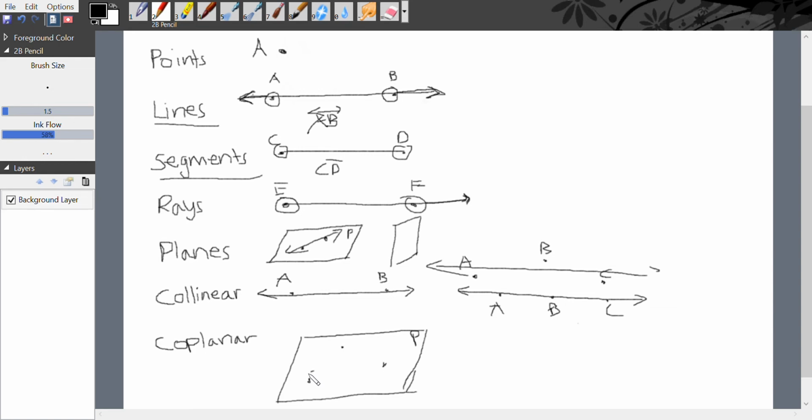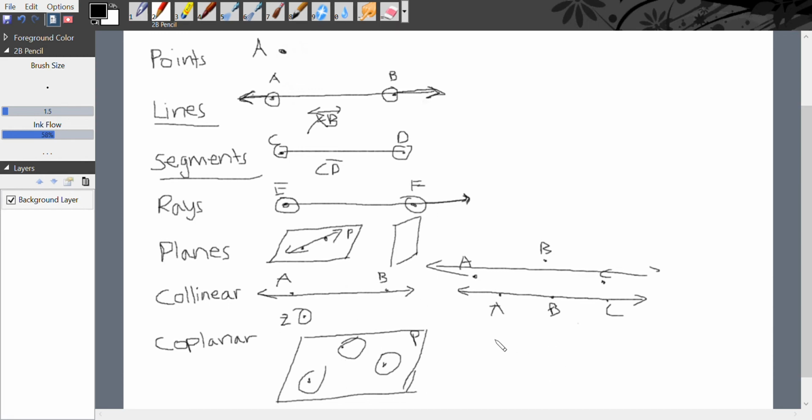So this point, this point, this point, all three of these points are coplanar. So if I draw a point, for example, point Z right here, this point is not coplanar with these 3 points because it is outside the plane and doesn't have anything to do with this plane.